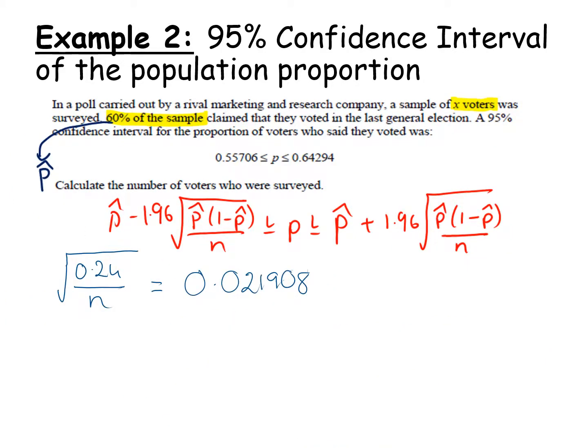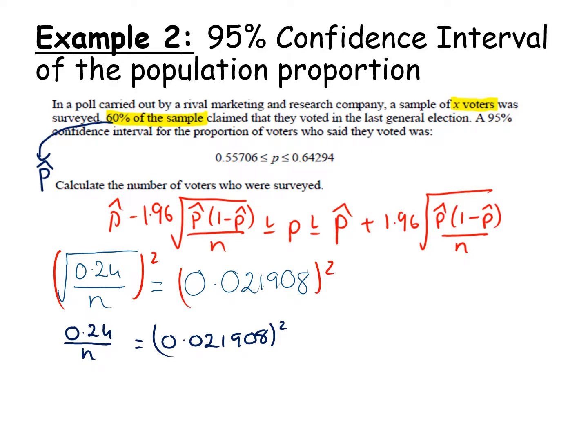So from this line here, we're going to square both sides to get rid of our square root. And we get 0.24 all over n is equal to 0.021908 squared. We can flip both fractions. That gives me n over 0.24 is equal to 1 over 0.021908 squared.